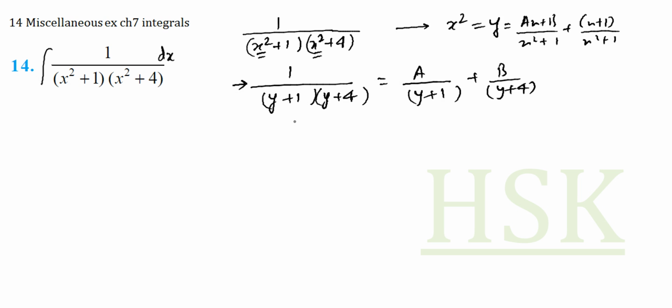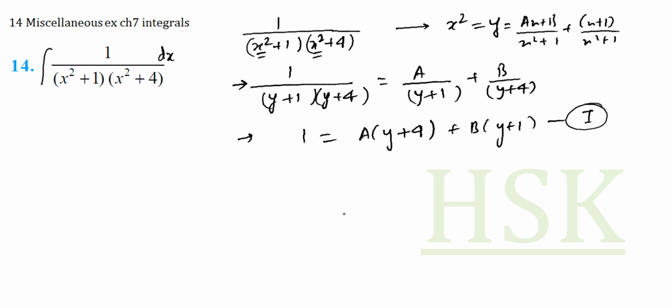On cross multiplication of this, I am going to get 1 is equal to a into y plus 4 plus b into y plus 1. Mark this as equation number 1. On placing y plus 1 is equal to 0, or y is equal to minus 1, I am going to get a is equal to 1 by 3.